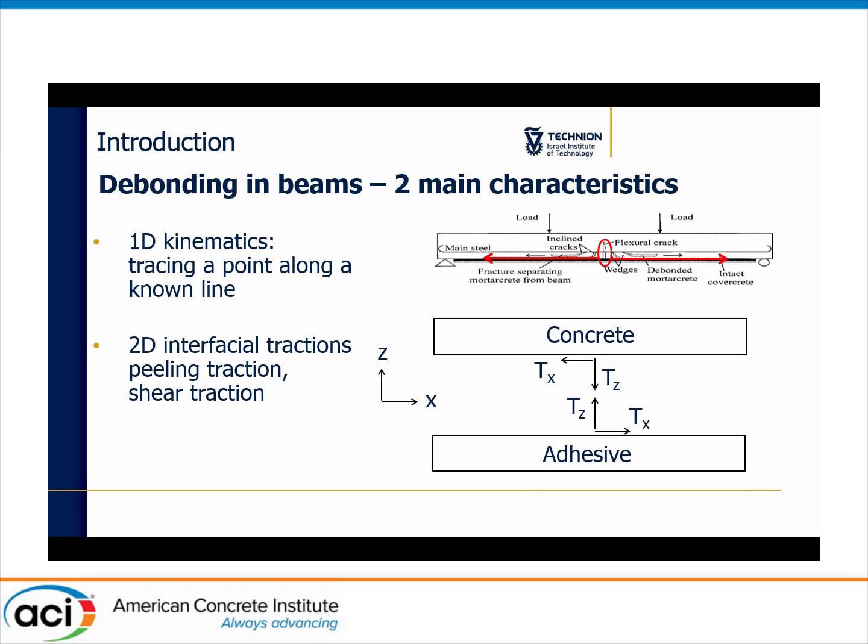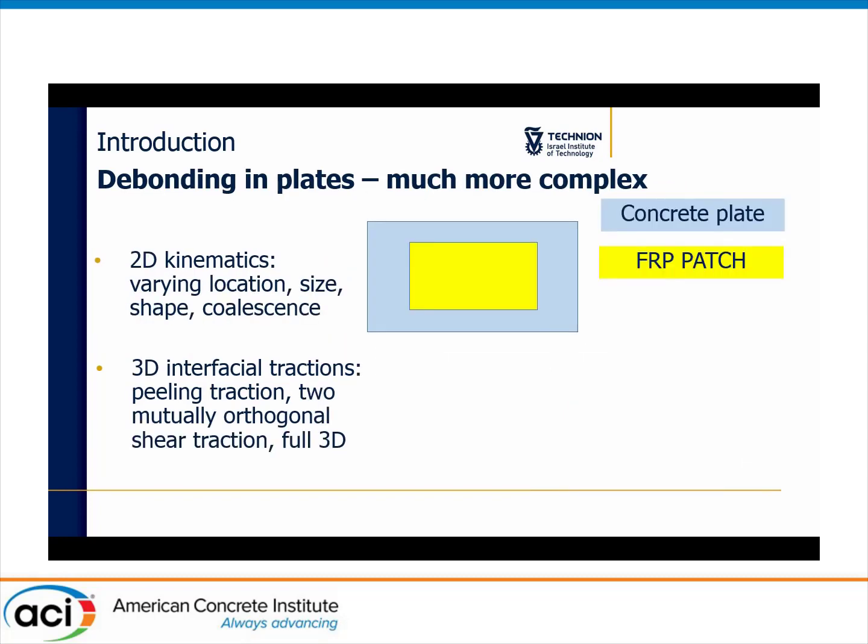By two-dimensional interfacial tractions, I mean that we have a tangential shear component, Tx, and a peeling traction, Tz, at the interface between, let's say, the concrete and the adhesive. It can also be between the adhesive and the FRP. This is just to represent this.